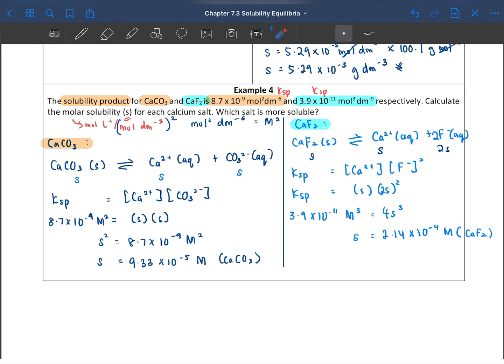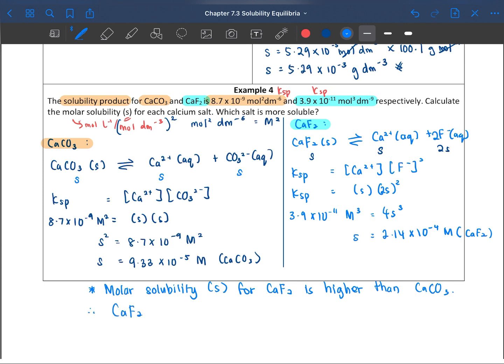Ingat, kalau nak determine solubility, we need to look at the value of S. Jangan tengok nilai KSP. Alright, we need to write down the answer. Molar solubility ataupun value of S for CaF2 is higher than CaCO3. Therefore CaF2 is more soluble.